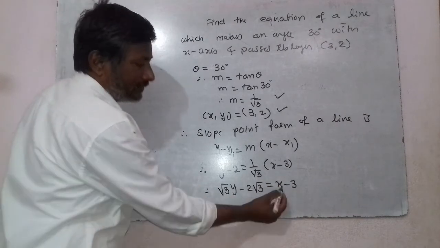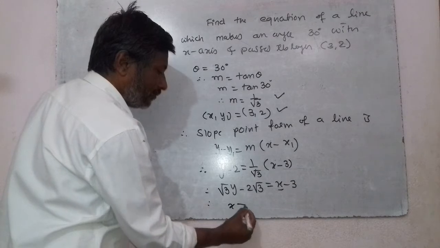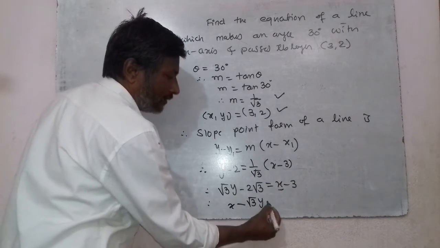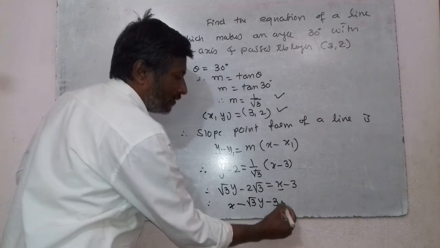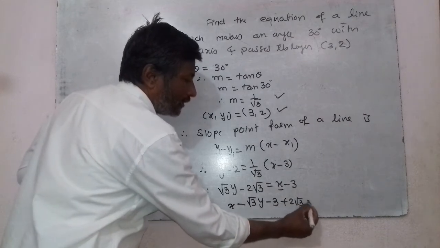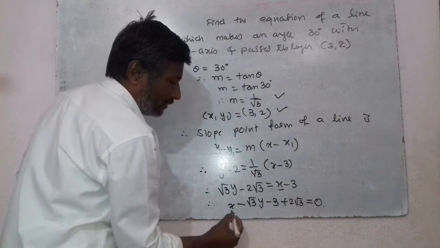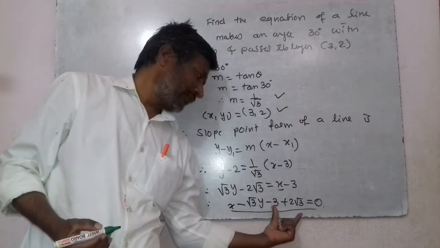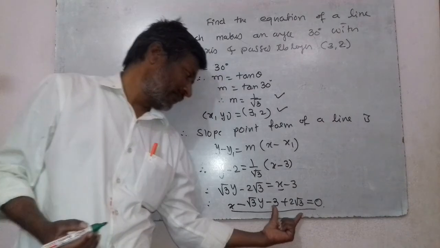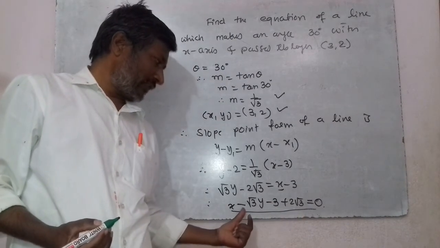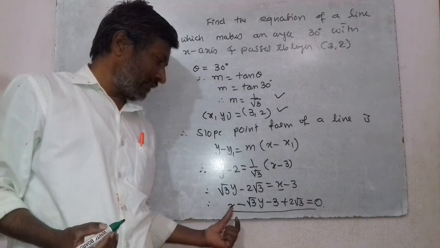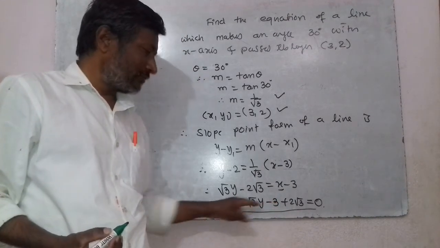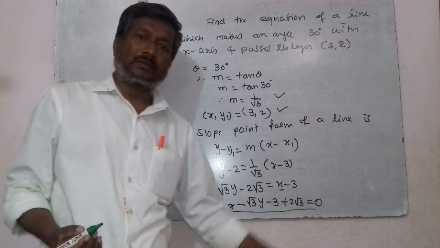So sending this to the RHS, x minus root 3 y minus 3 plus 2 root 3 equal to 0 is the equation of the line. So the constant is minus 3 plus 2 root 3, and x and root 3 y are the variables. So it is in ax plus by plus c form, and this one is the equation of the straight line.